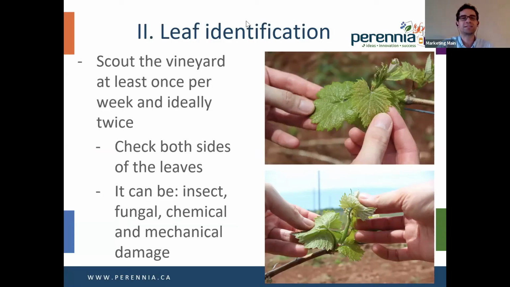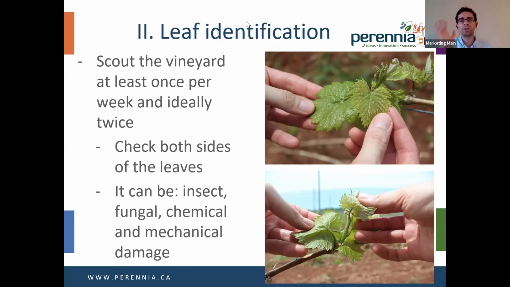We already discussed this in our first session, that it's recommended to do the scouting once per week, ideally twice. And it's important to check all the leaves on both sides, because we have to know what is happening outside and we can identify if it's an insect, fungal, chemical, or mechanical damage.